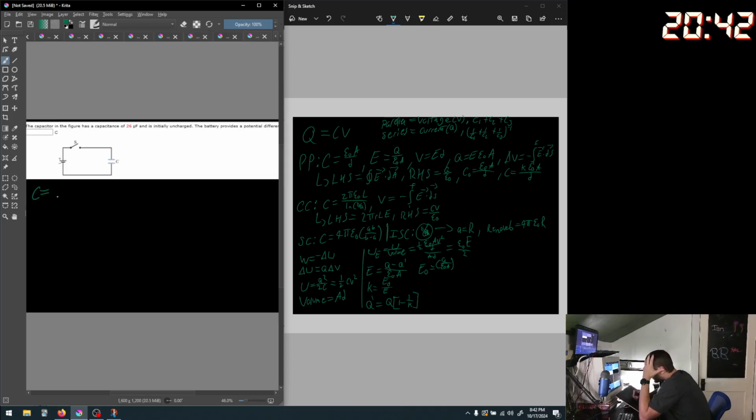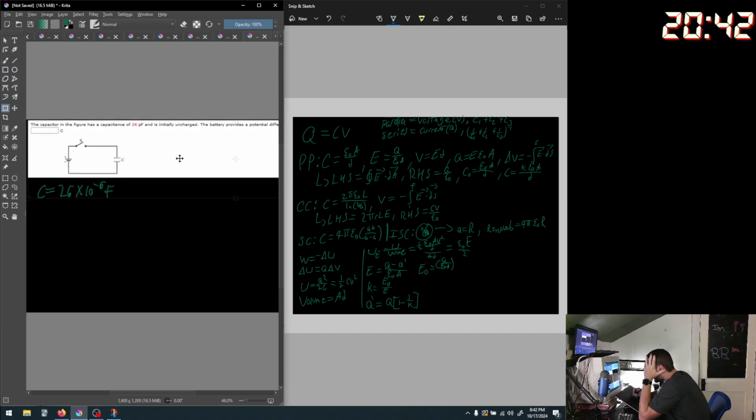C equals 26 times 10 to the negative 6 farad, and the potential difference 108 volts. So it's asking us to find charge.